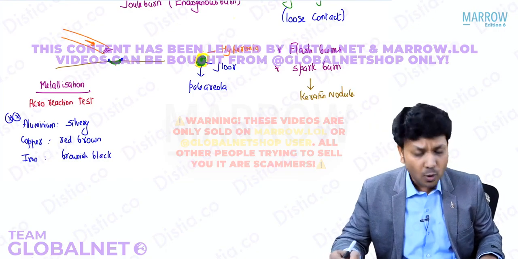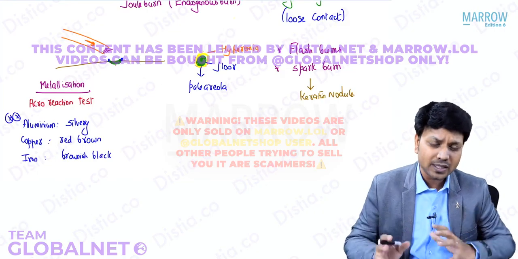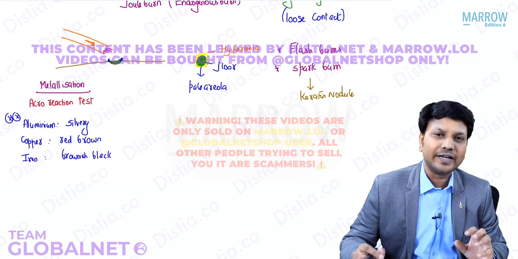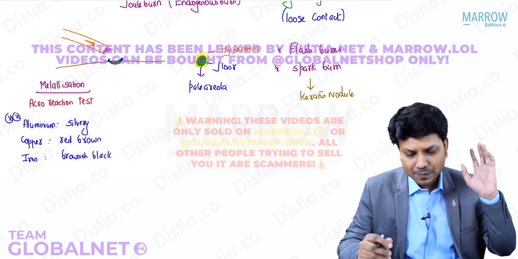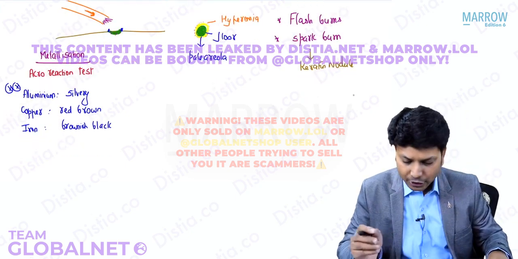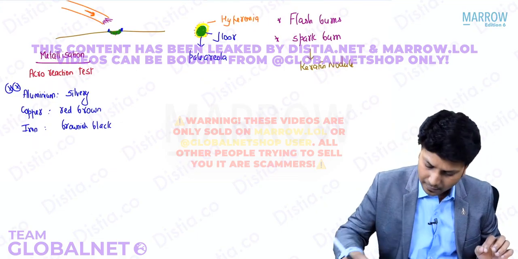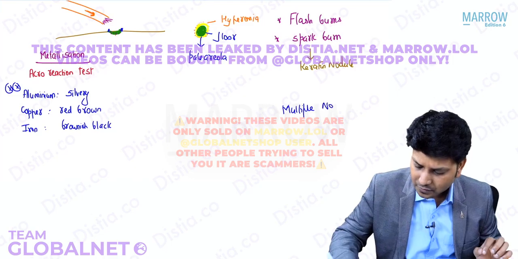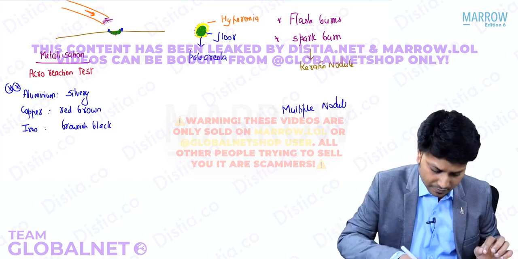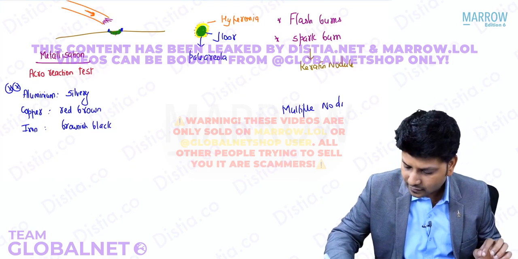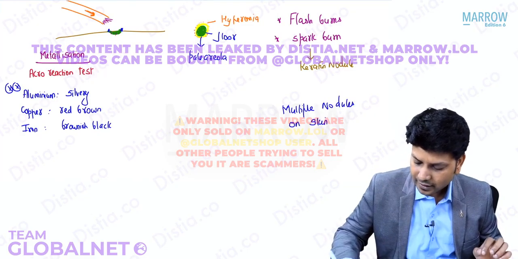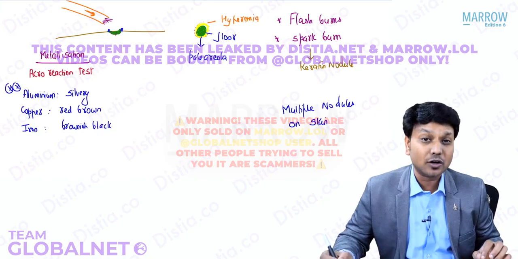Keratin nodule. What if there is very high voltage, multiple sparks affecting the skin? You will have multiple nodules on the skin, and the skin will appear like a crocodile.